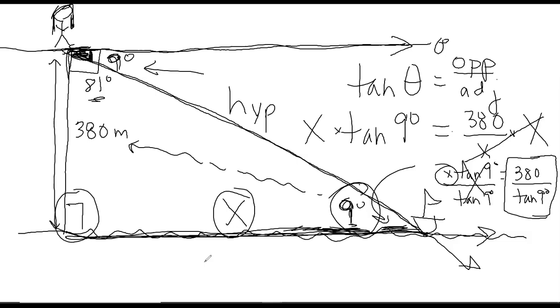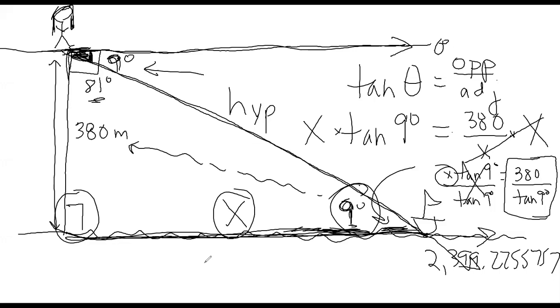And I get 2,399.2255755, and it actually goes on beyond that, and it is not repeating. And so I'm going to round this one because it's such a big number.